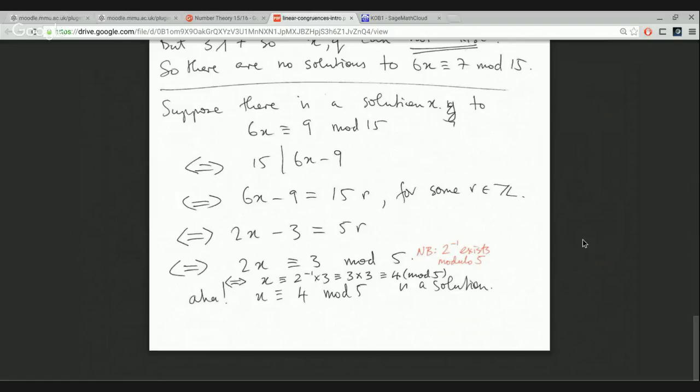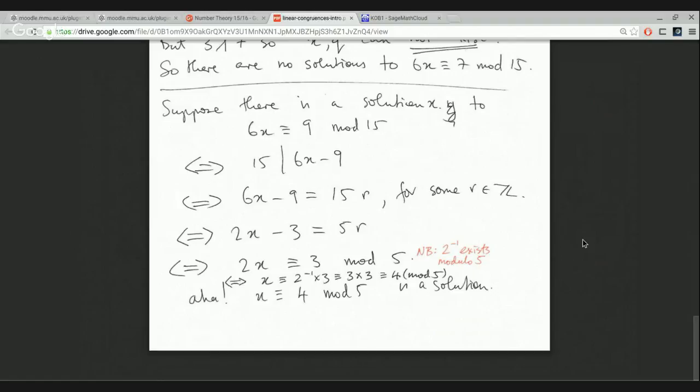Here's the original equation. There's a few ways of approaching this, but what we did was use the definition of congruence, use the definition of divisibility, then divide across by 3, dividing across by the greatest common divisor, which you can do now because it does divide 9. You get 2x minus 3 equals 5r.